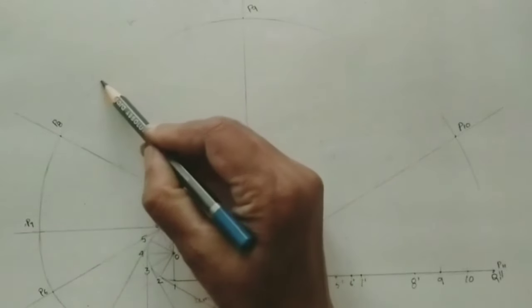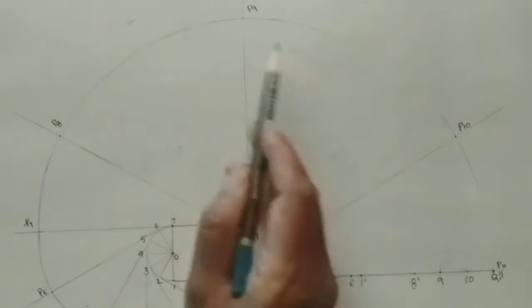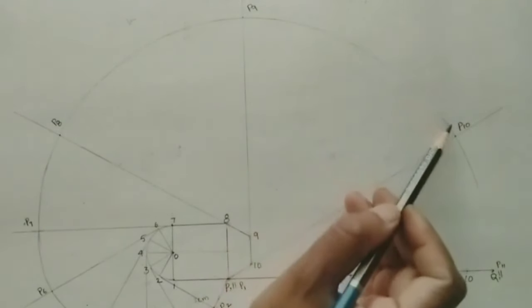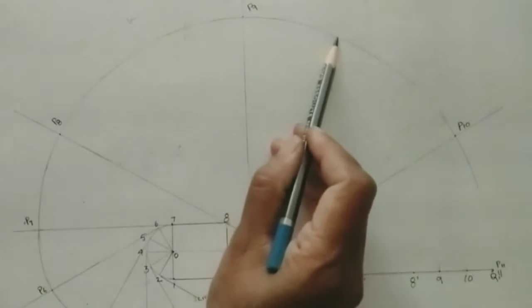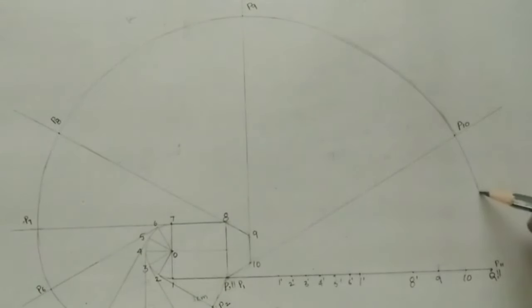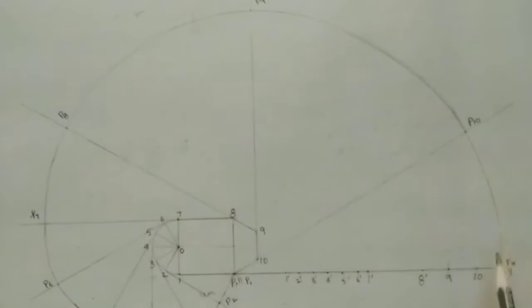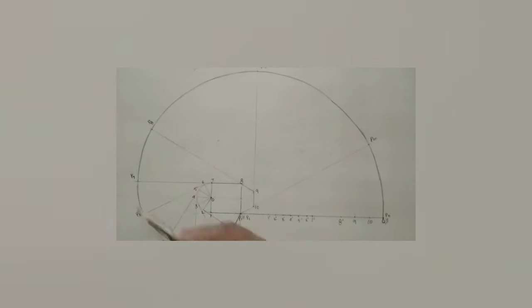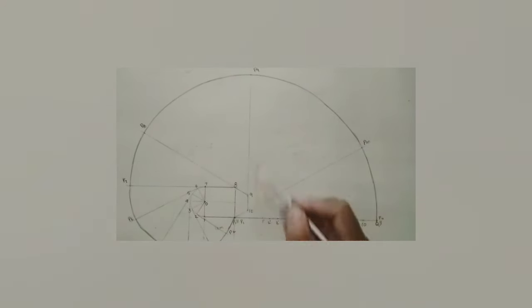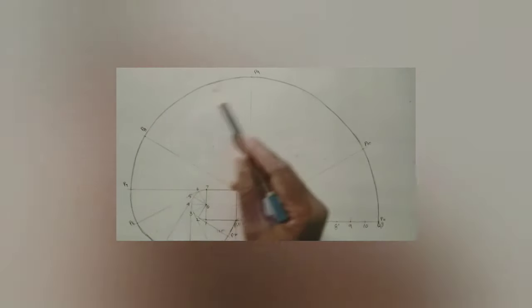P8 to P9. So P9 to P10. And then P10 to P11. Like this. So this curve is called the involute for the given disk. Make this curve dark, and this diagram should also be in dark color compared to all other lines. Okay, this curve is called involute.